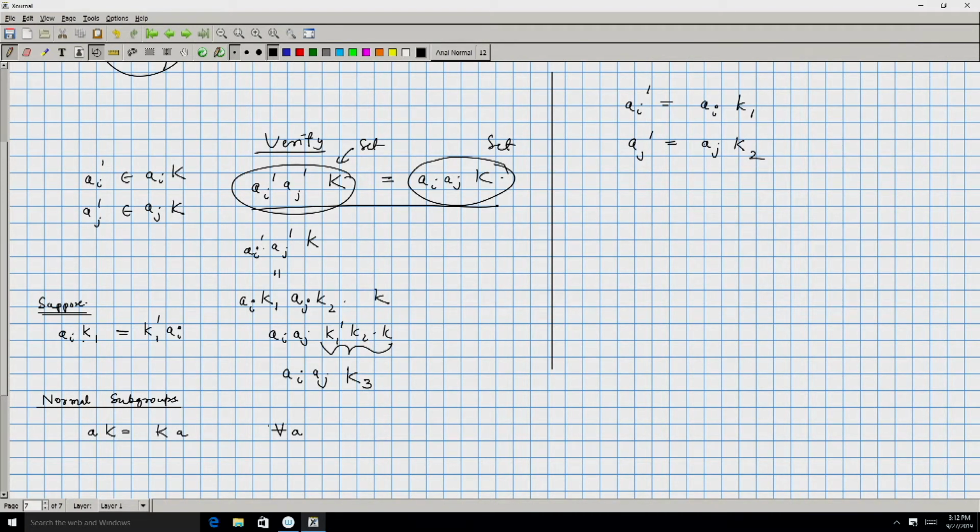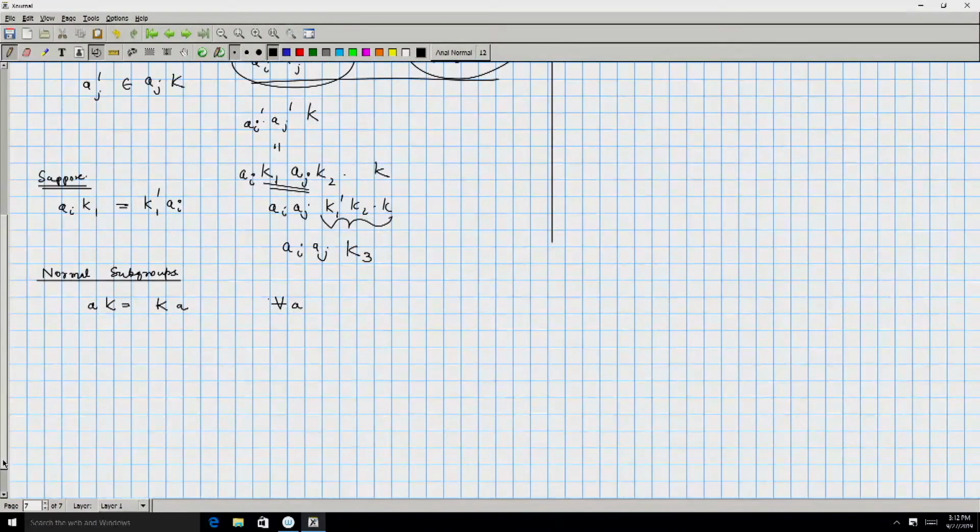Okay. So, assuming that the kernel is a normal subgroup, we are done with the proof, because if this was a normal subgroup, then this k1 Aj, you can flip that and push the Aj to the left side and push the k1 to the right side. Okay. So, all that remains is to show that the kernel is a normal subgroup.